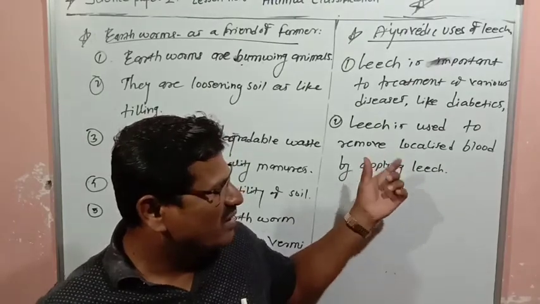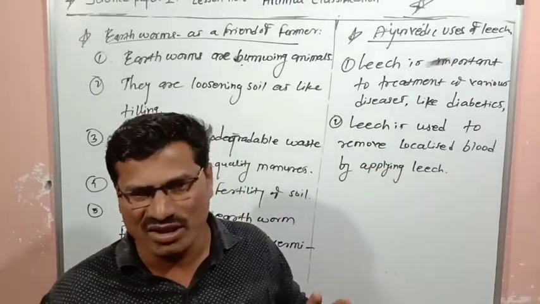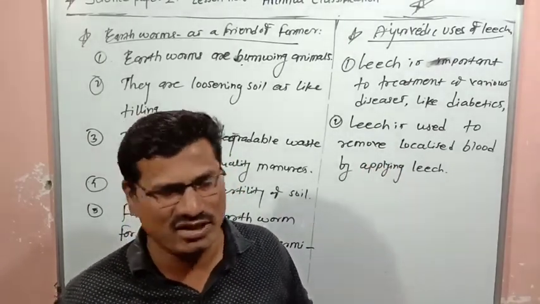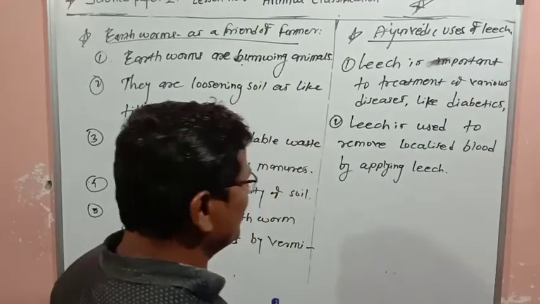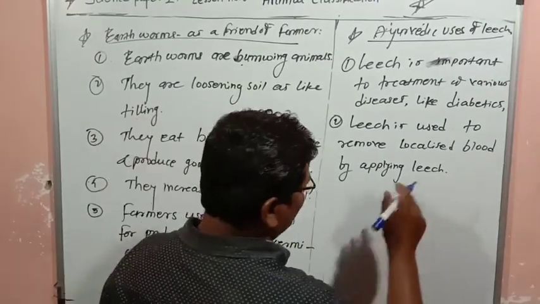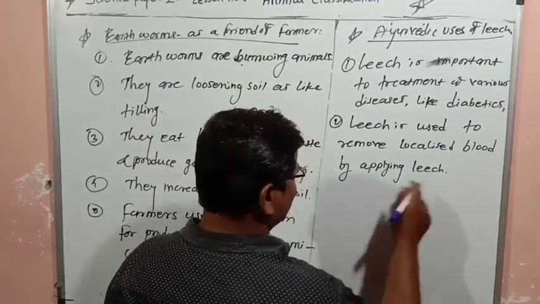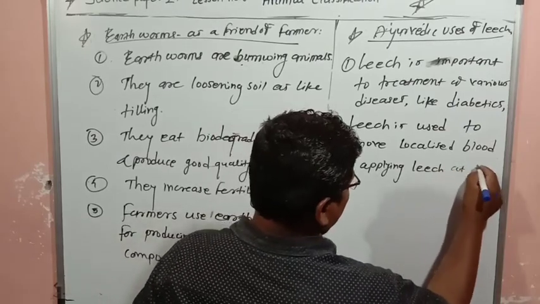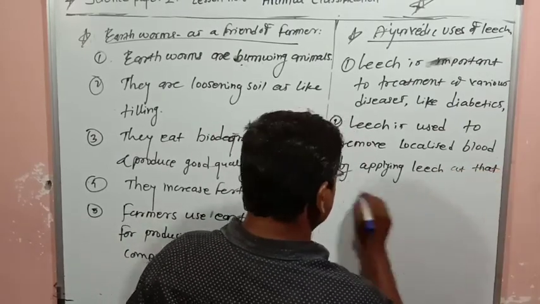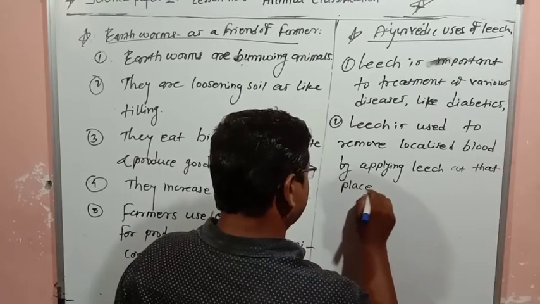The localized, collected blood is removed from there. So leech is used to remove the localized blood by applying leech at that place.